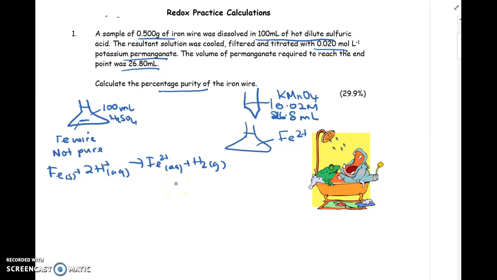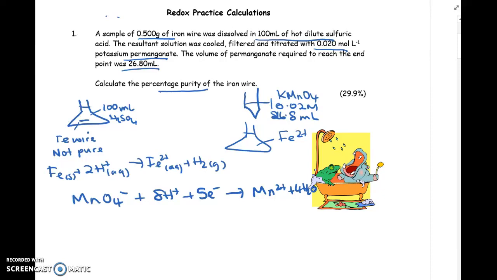So we go to our data sheet and we pick out the permanganate equation. So that is permanganate plus 8 hydrogen ions plus 5 electrons goes to manganese 2 ions plus 4 water.